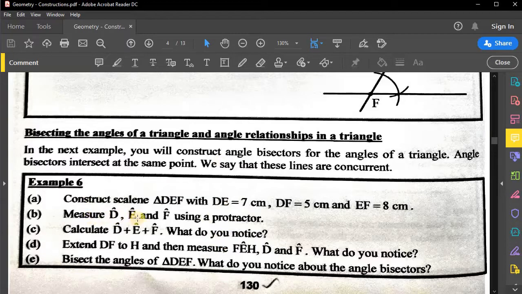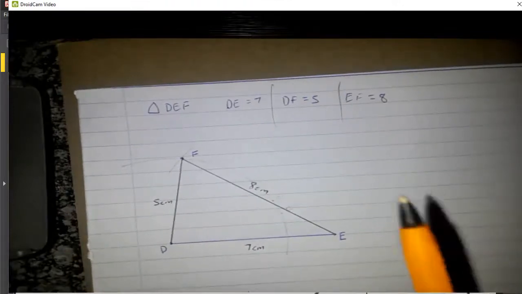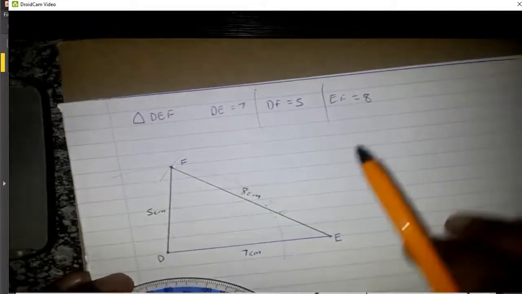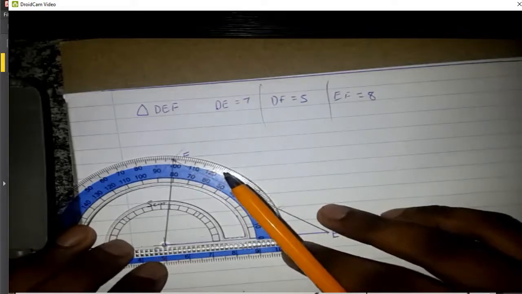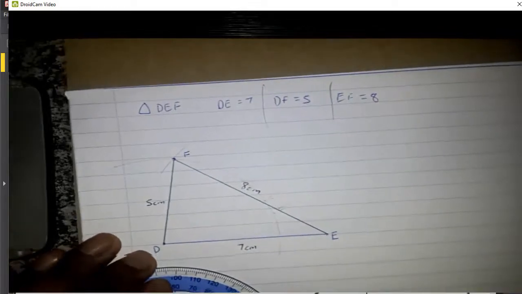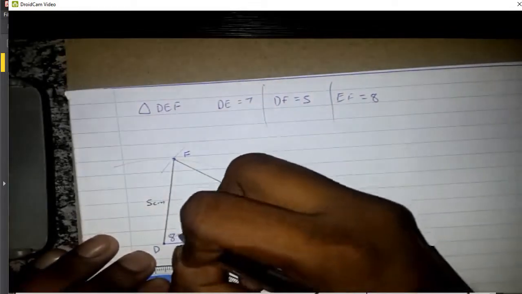Measure angle D, angle E, and angle F. Well, let's do that. Angle D. This is angle D. I get this here, and I see that it goes to 82. So this is 82 degrees.